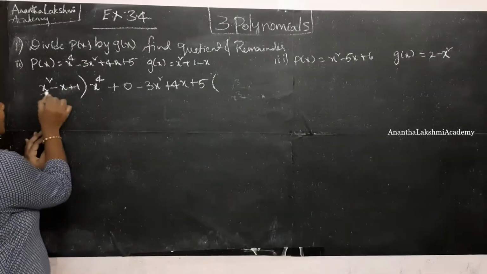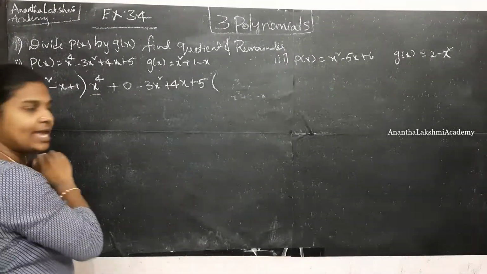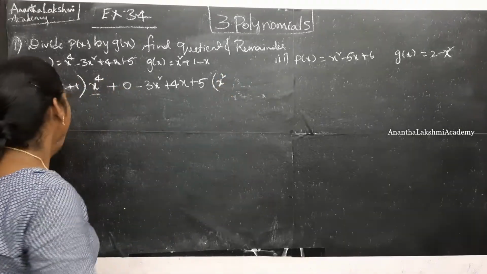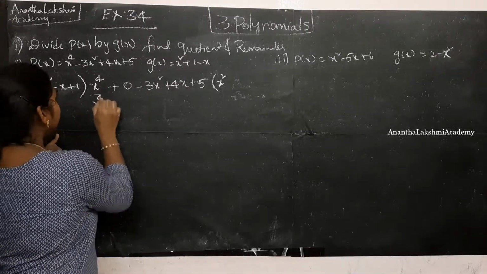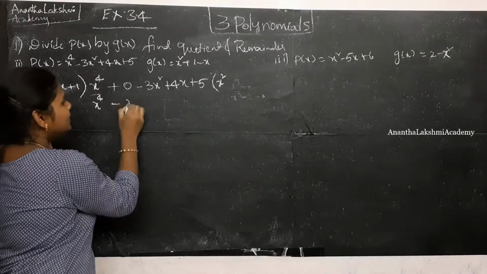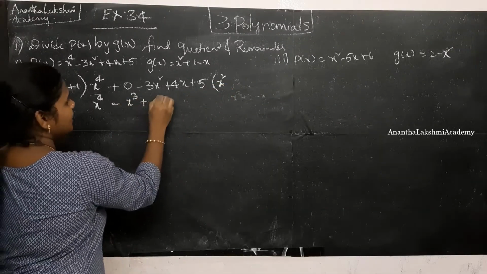We have x square here. In order to get x power 4, we need to multiply this x square with x square. So I am going to multiply this with x square. So x square into x square is x power 4. X square into x is x cube, minus x cube. Now x square into 1 is plus x square.